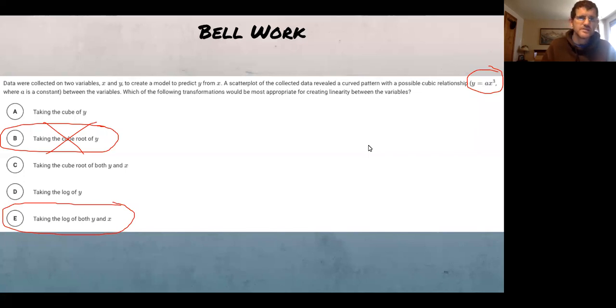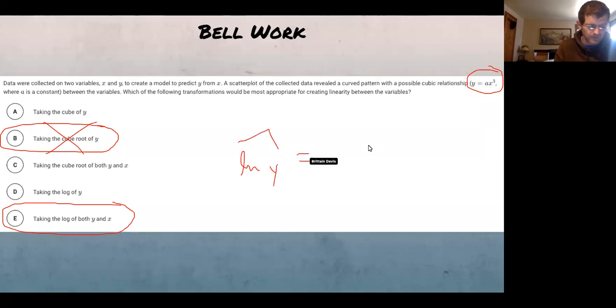And I will tell you, this is about as extreme as the conceptual questions on re-expression go. Most likely you're going to get a problem that looks like the ones that you had for your homework, where it already gives you a re-expression, and you're just taking whatever your a plus bx, and you're going to have to solve and do what we were doing in class yesterday.